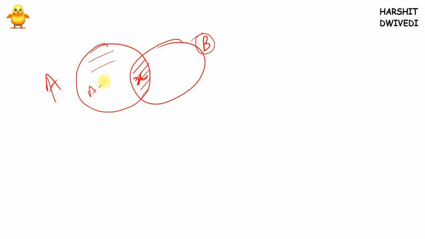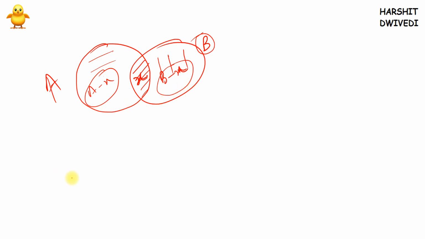So what will be the number of elements only in this blank area? This will be A minus X. And what will be the number of elements in this blank area? This will be B minus X. So X represents the intersection of both A and B sets. X is present in both A and B, and the remaining becomes A minus X here, and B minus X here. So what will be the total?